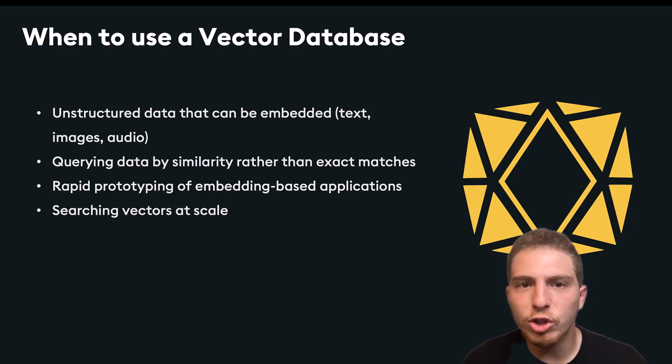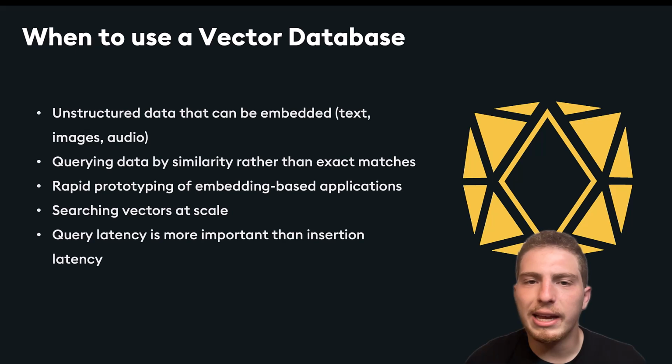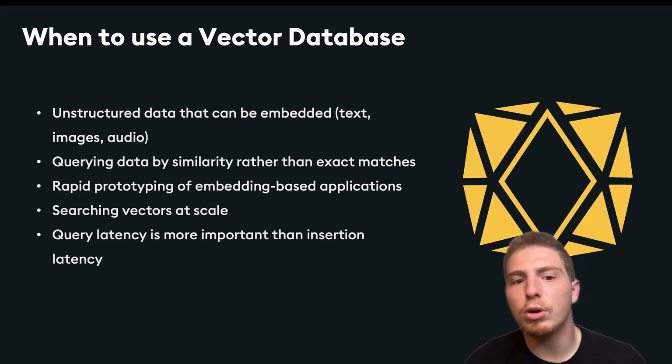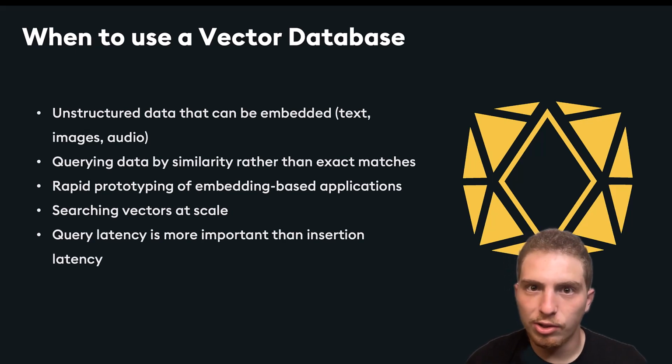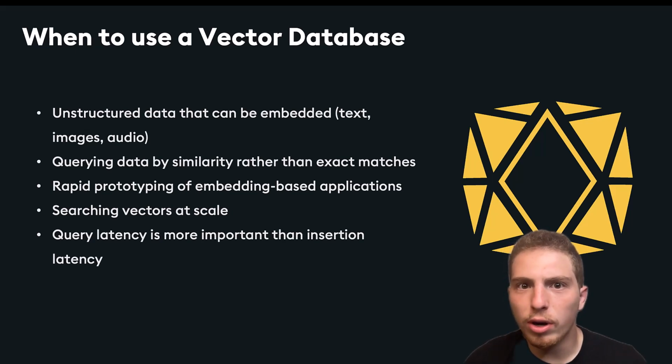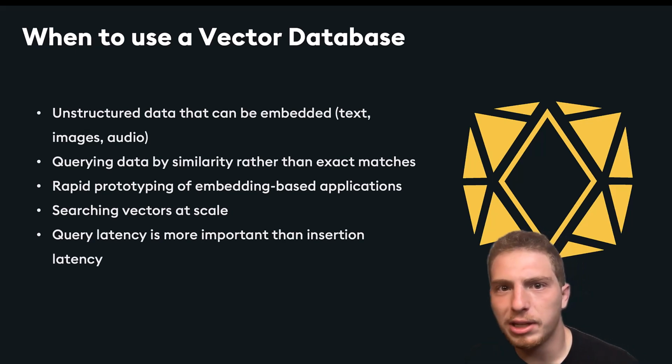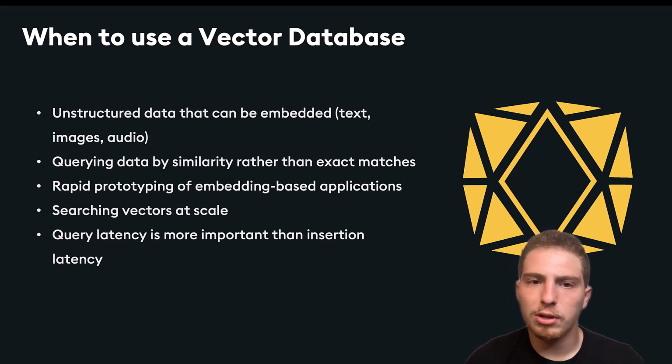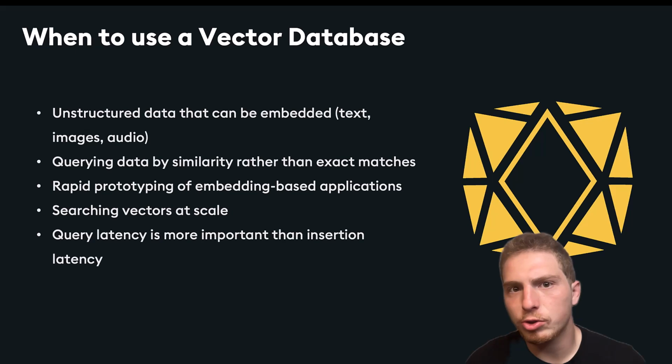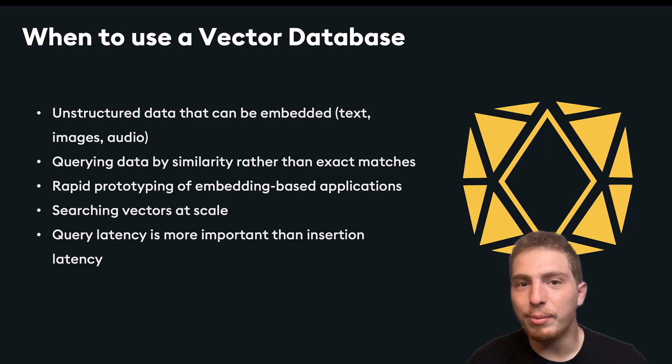But if you're searching at a scale where it's not convenient to hold these vectors in memory, then a vector database might be the right solution for you. And finally, if query latency is much more important than insertion latency, there are other solutions that might work if query latency is not that important, but if you really want to show the results to the user extremely quickly, then a vector database is built specifically for that purpose.